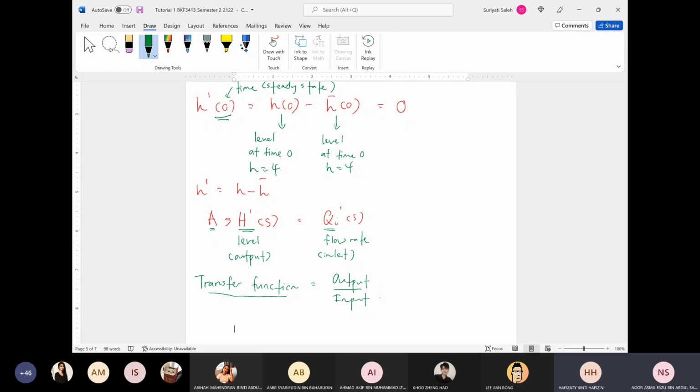What is meant by output over input? The output refers to the variable identified as your product or the outcome, and the input represents your feed. In this case, the feed refers to the inlet flow rate.